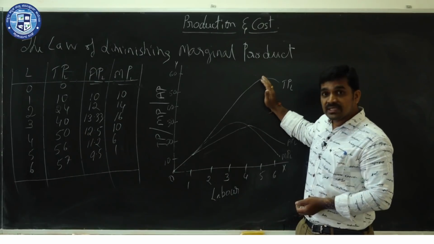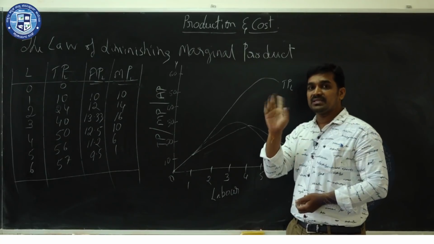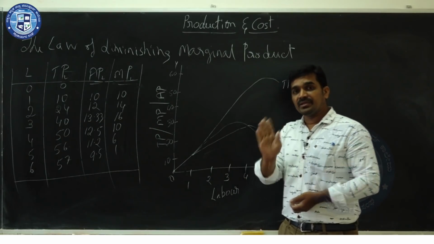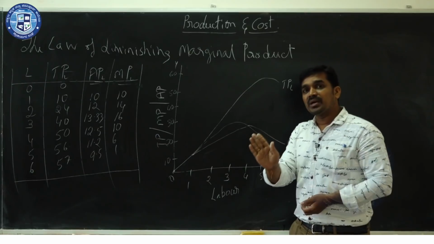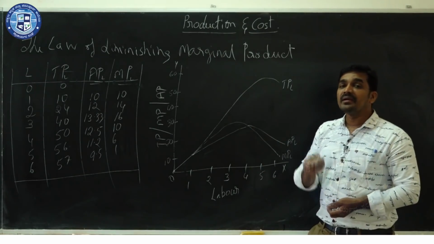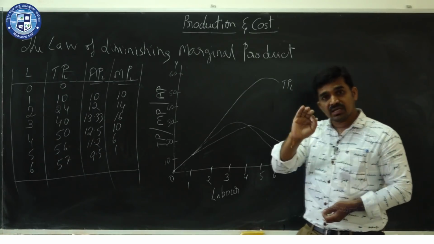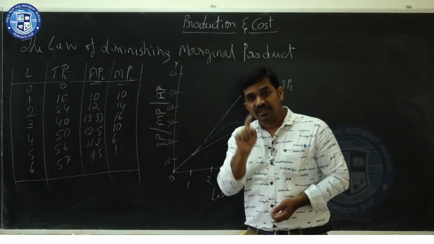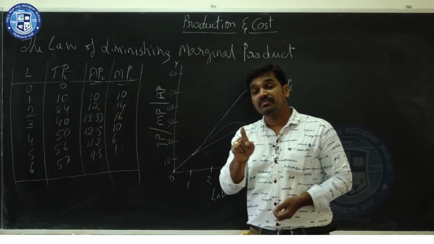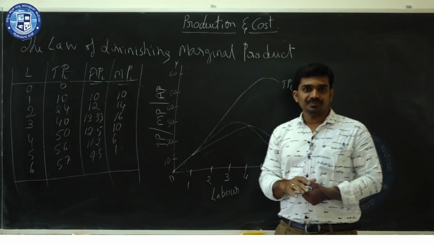Once this curve reaches the maximum, thereafter total product starts falling. And remember, when the total product curve starts falling, it means in that time marginal product becomes negative.